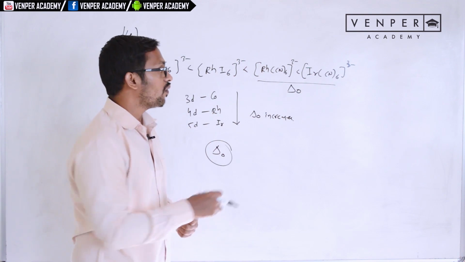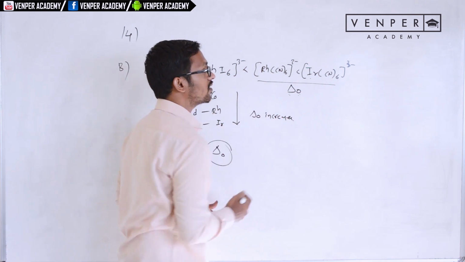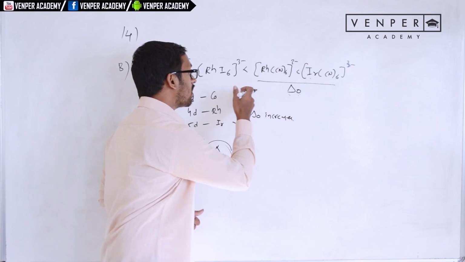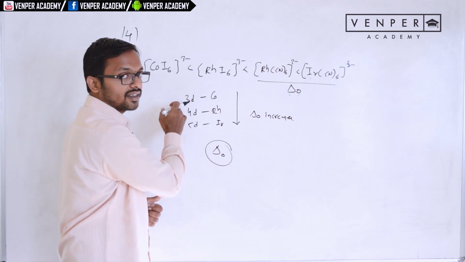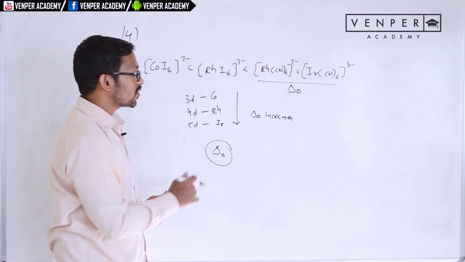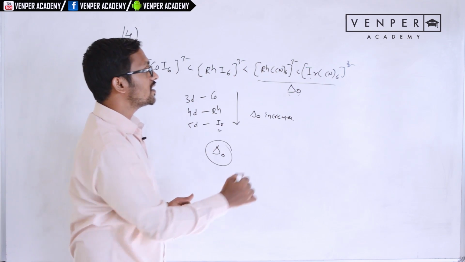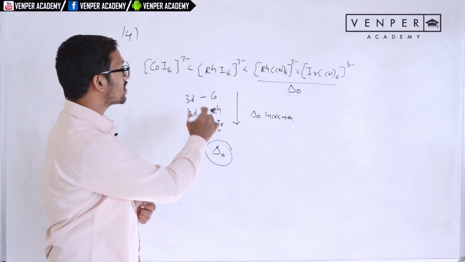In these two, why do we have more delta O values for this one? Because when we go from top to bottom, 3d, 4d, 5d, the delta O values increase from top to bottom. So here we have the iridium, that is the reason why its value is more when compared to rhodium. Okay, now let us see this one.